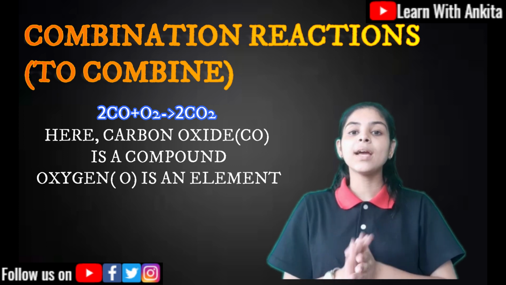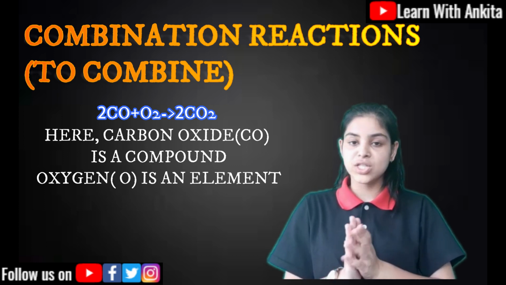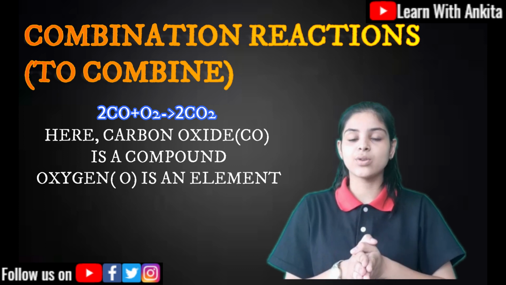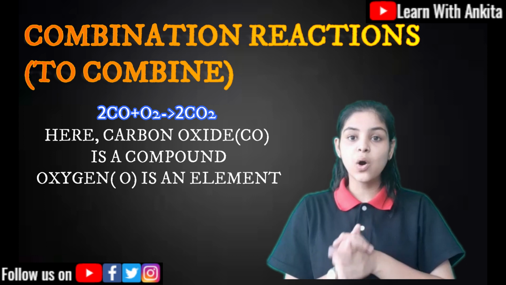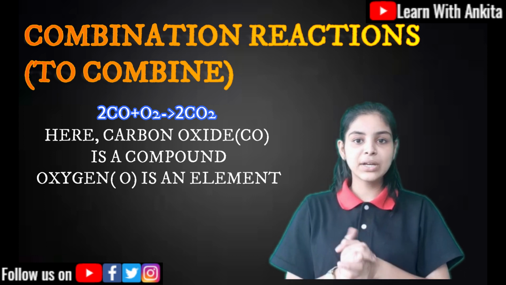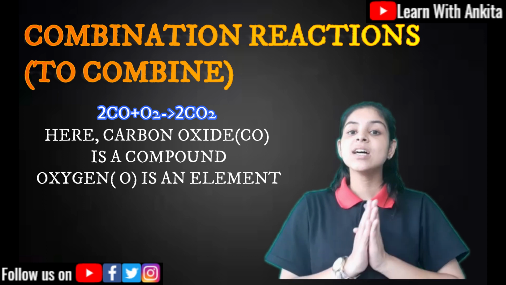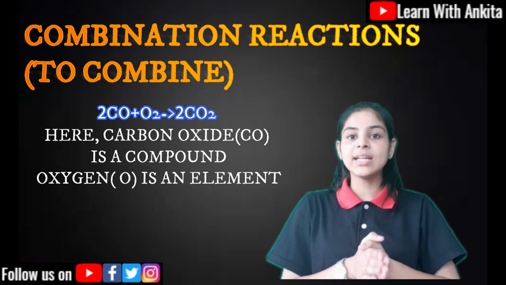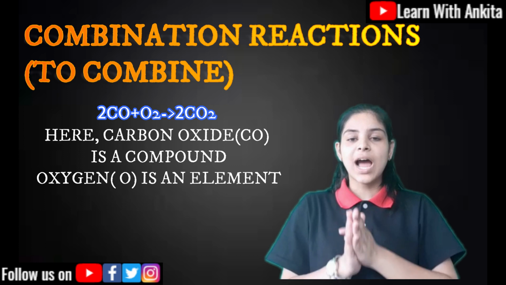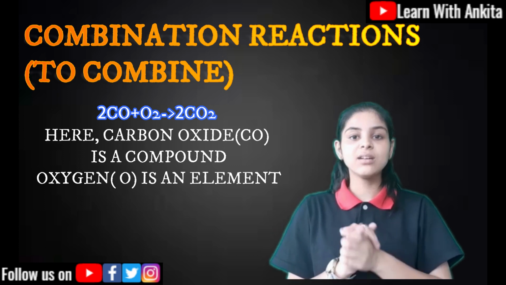And I am adding oxygen, which is an element. So over here I am adding a compound, carbon monoxide, and an element, oxygen, and I will be getting a compound, carbon dioxide. That is 2 carbon monoxide plus oxygen giving me 2 carbon dioxide. So that was all about the combination of an element and a compound.